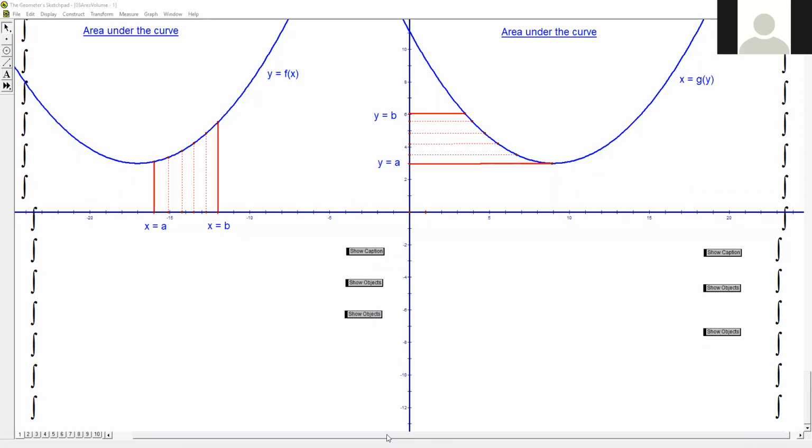Can hear or not? Yes, okay, can hear. Can you see the screen or not? The curve, the area under the curve? Yes, okay. Anybody coming in? No, nobody coming in yet.